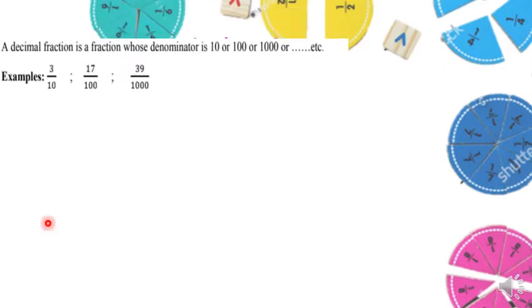Decimal fractions. So, let's see. What are the decimal fractions? Decimal fractions are fractions whose denominator is 10 or 100 or 1000 and so on, just like these fractions. Okay, if you have other than these fractions, can we say about it a decimal fraction?